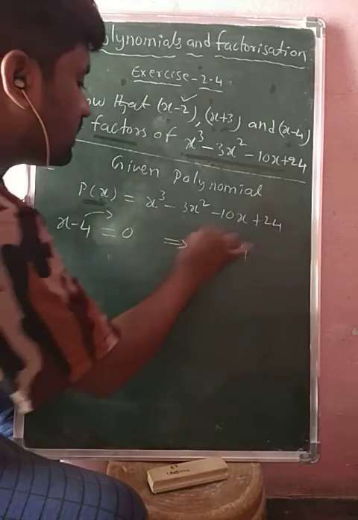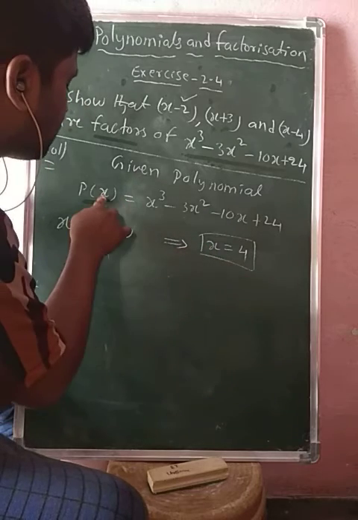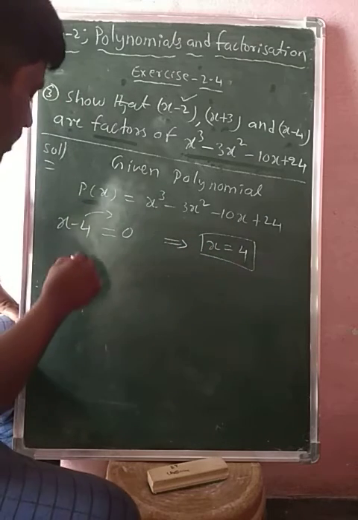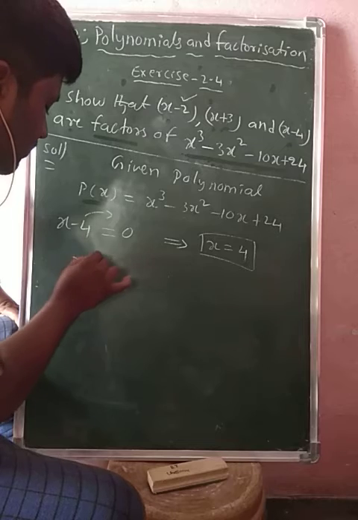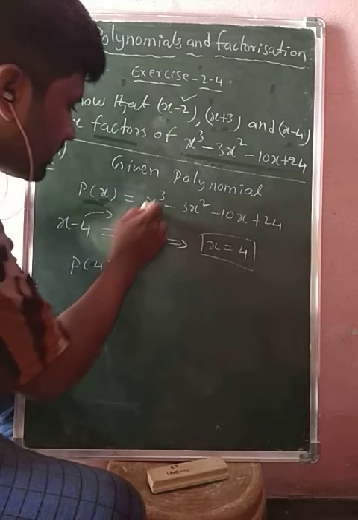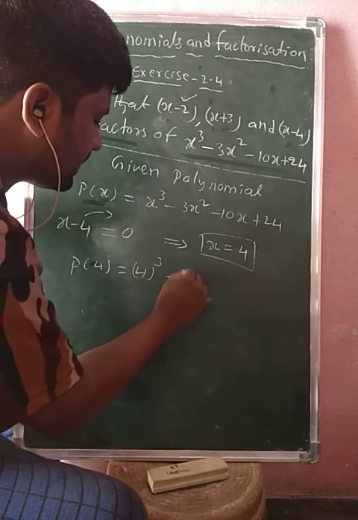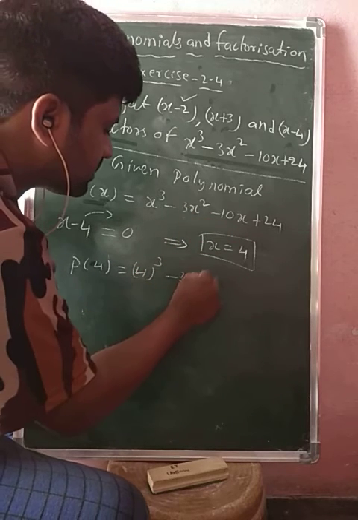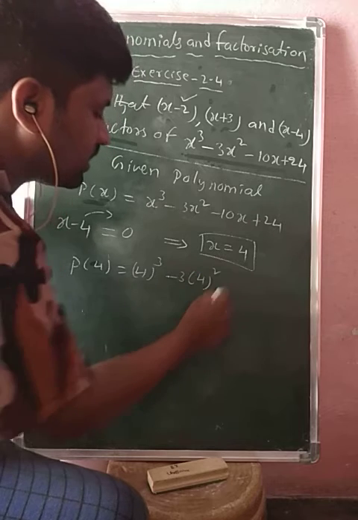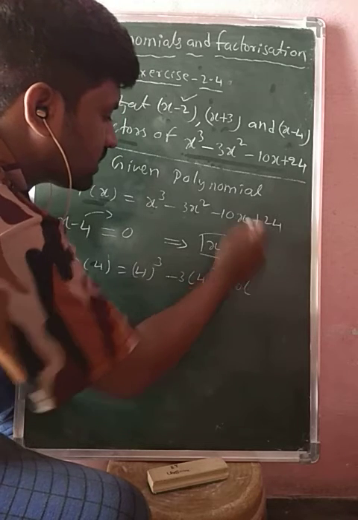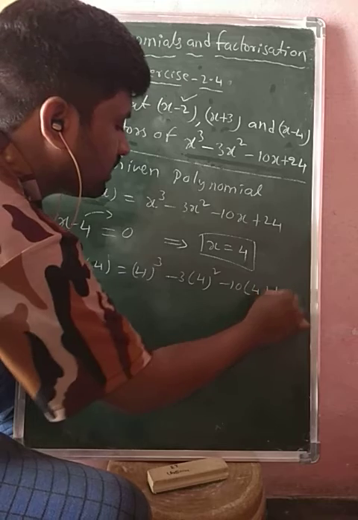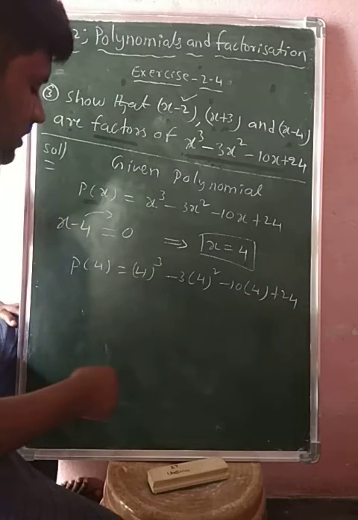Now replace x with 4. Then what we get? P of 4 is equals to x cube, that is 4 power 3, minus 3 of x square, that is 4 whole square, minus 10 of x, that is 4, plus 24.